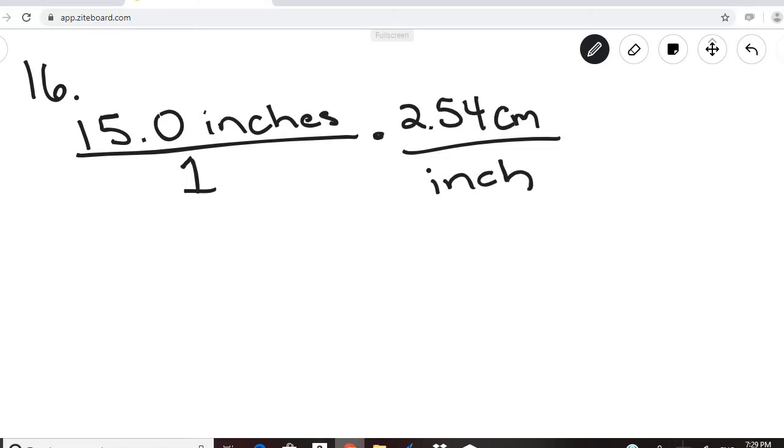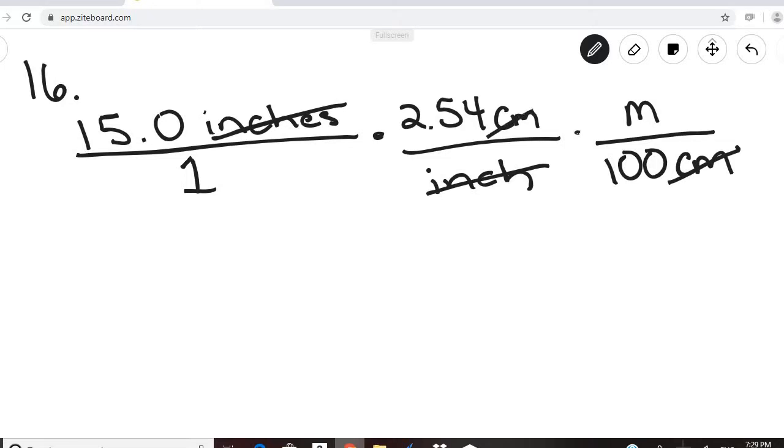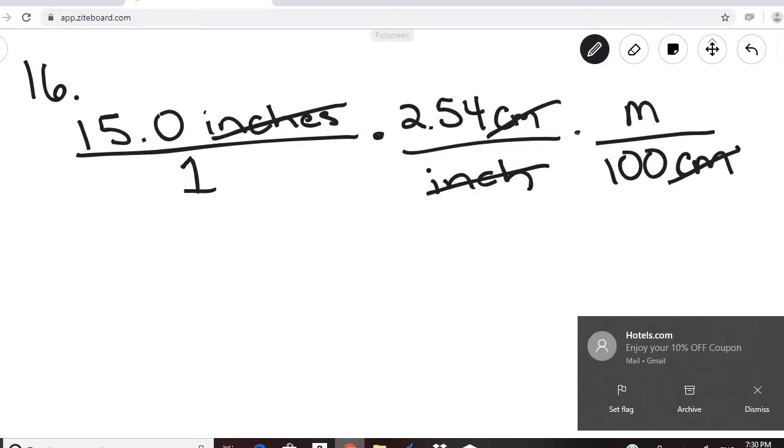Okay, so that gets rid of the inches, but now we're in centimeters and we want to be in meters. So we'll put meters on top, and we know that there are 100 centimeters in a meter. So centimeters cancel. When we multiply across the top, the units that we want to end up with are on the top. So 15 times 2.54 divided by 100.